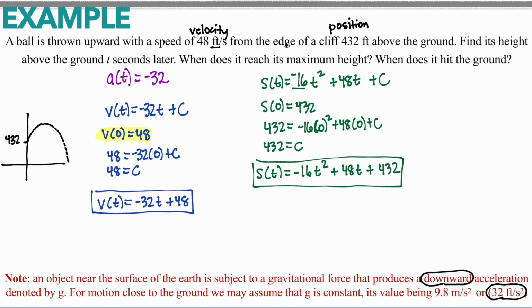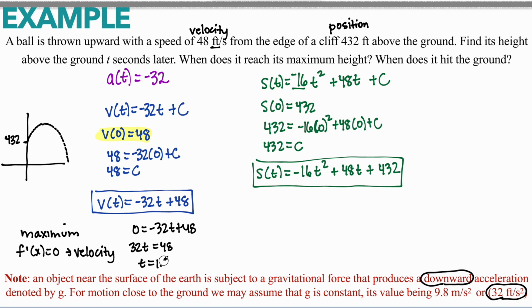Next, they want to know about the max height. Okay, that is a clue. Maximum is dealing with the first derivative, basically when the first derivative is 0. In this case, the first derivative is the velocity. So I'm going to take the velocity and set it equal to 0, and I'll get 1.5.